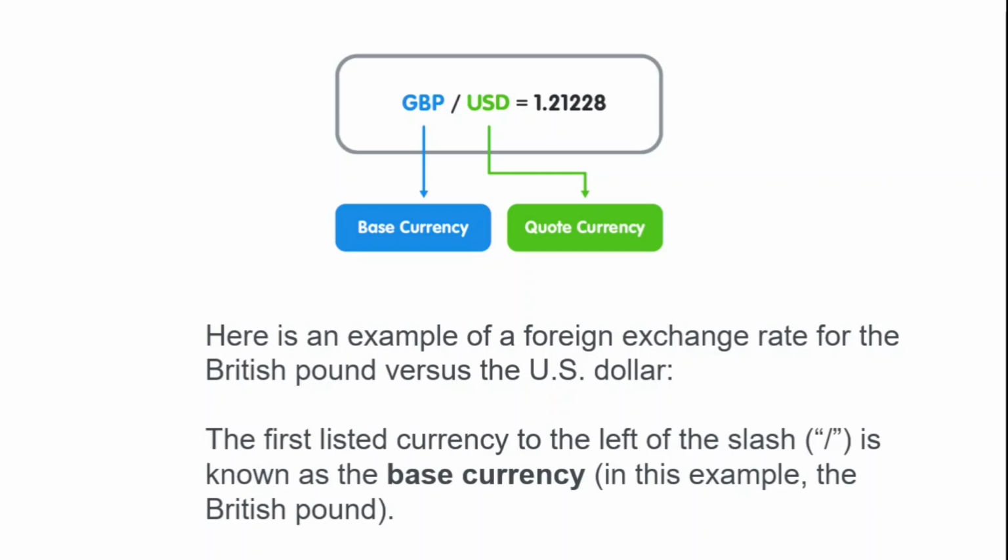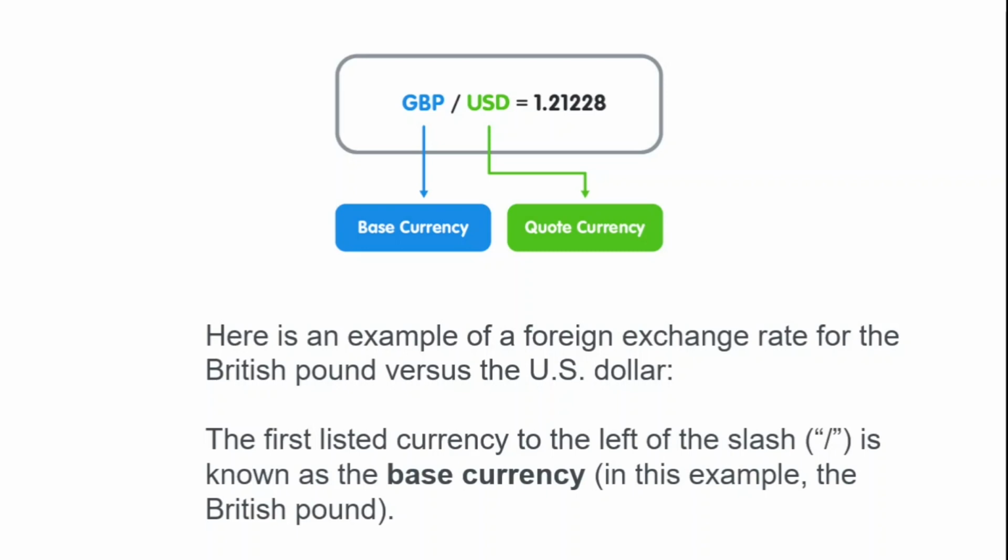So the exchange rate shows how many quote currencies you need to exchange to get one base currency. The base currency is always one. So the other figure is the exchange rate for the quote currency.